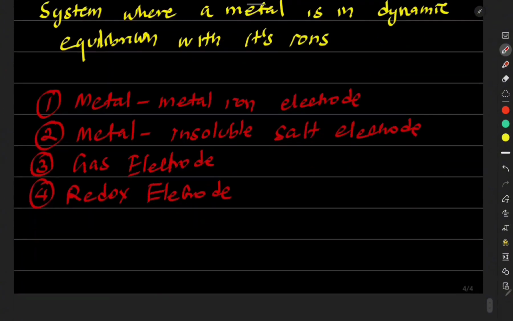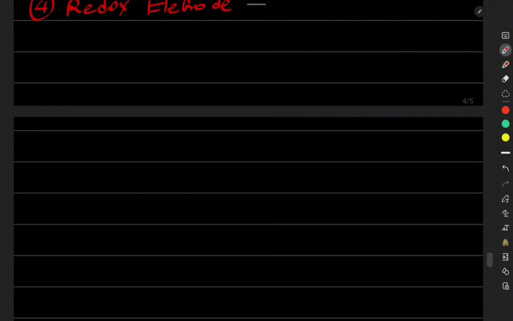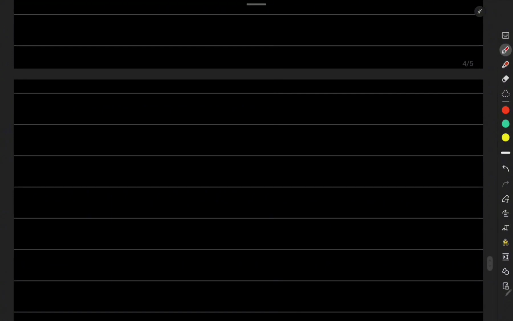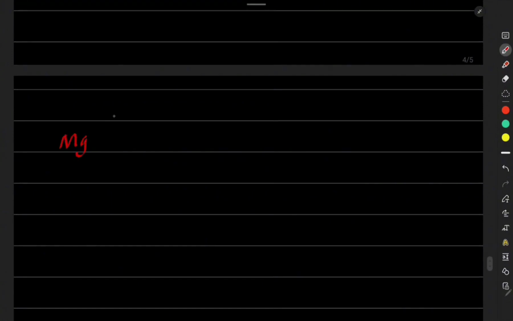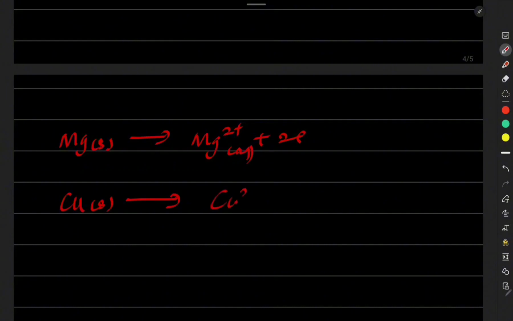Now let's look at an example. There are 2 electrodes. One electrode is made up of magnesium and the second electrode is made up of copper. If we consider those, Mg solid forms Mg2+ and 2 electrons, and if we consider Cu solid, it forms copper 2+ and 2 electrons.